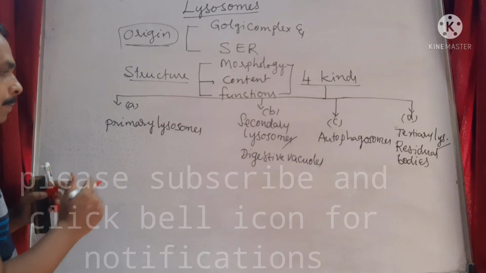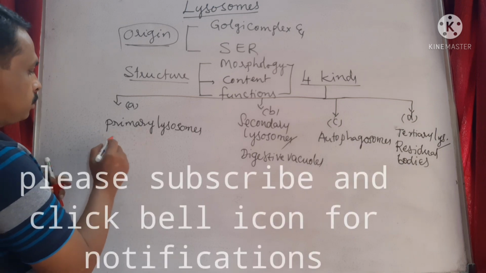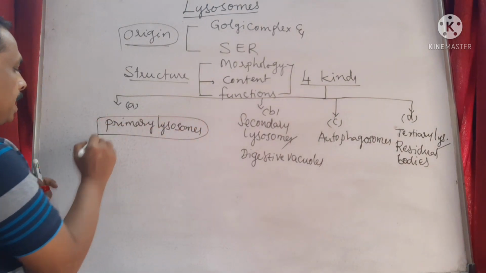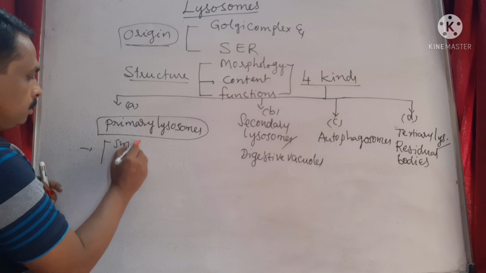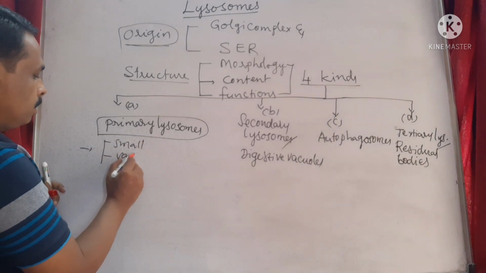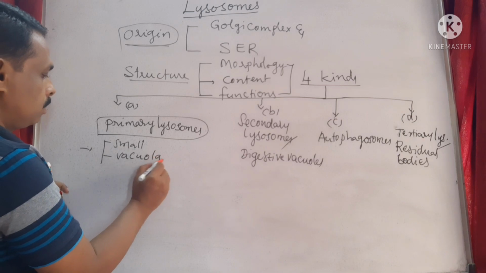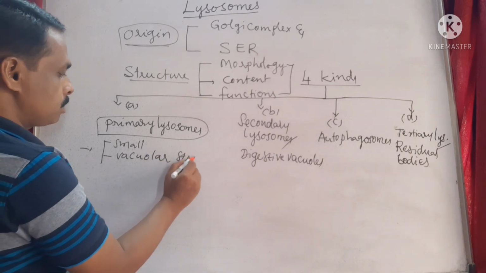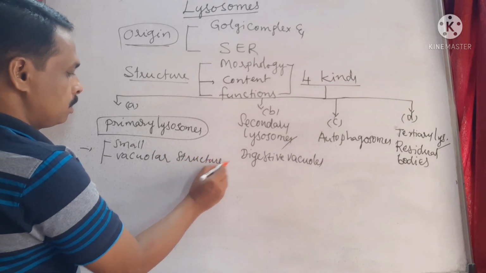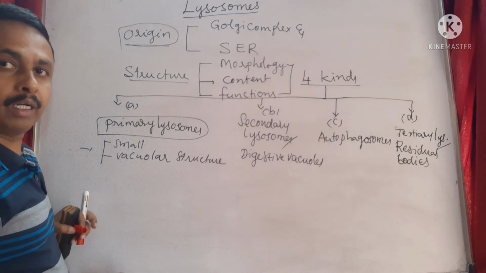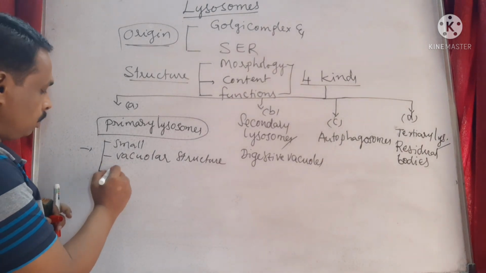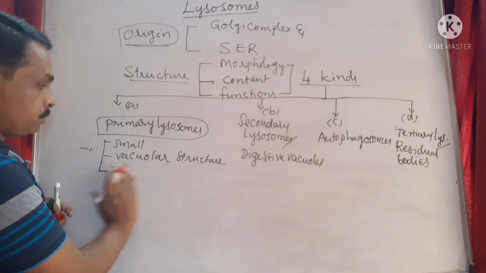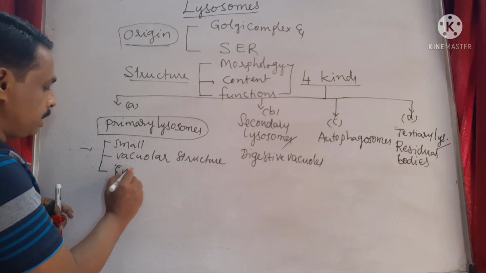When you're talking about primary lysosomes, these are small vacuolar structures that contain enzymes.